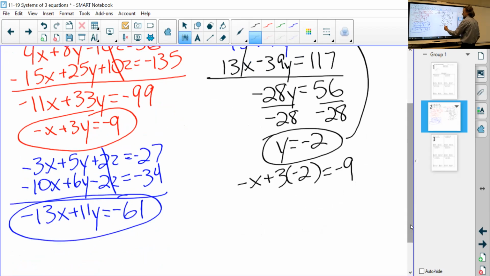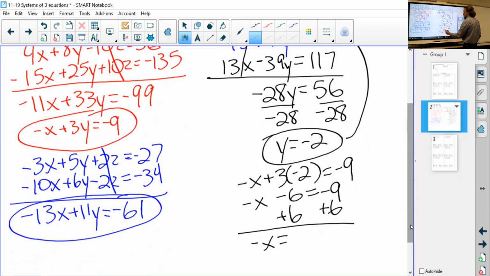So 3 times negative 2 is negative 6. So I have negative x minus 6 equals negative 9. Add 6 to both sides. So I have negative x equals negative 3, which means x would have to equal positive 3.